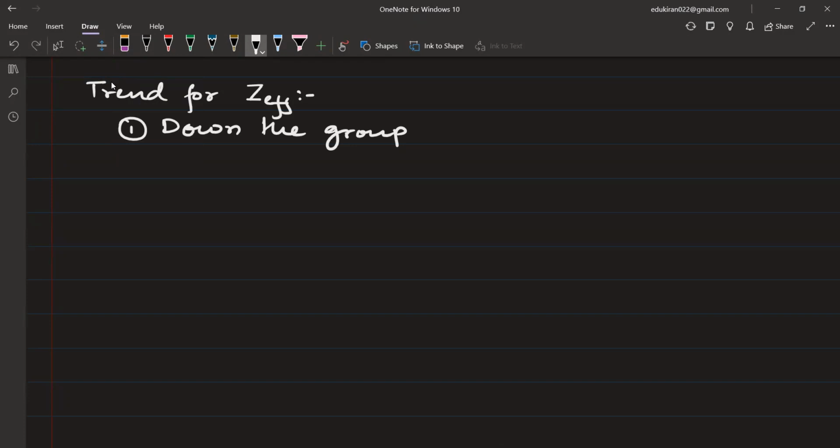Different periods, and period represents the shell. The size is increasing, and that is why the Z effective will decrease down the group. We can say that the Z effective decreases.